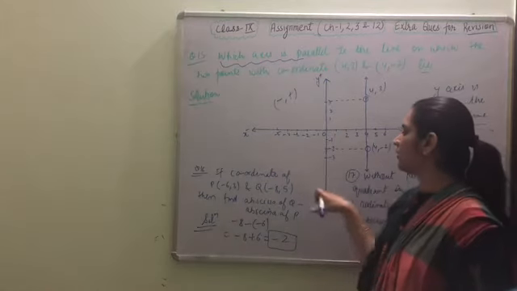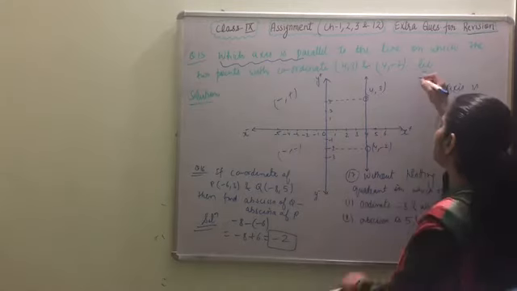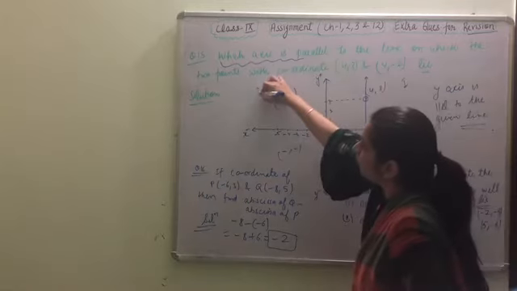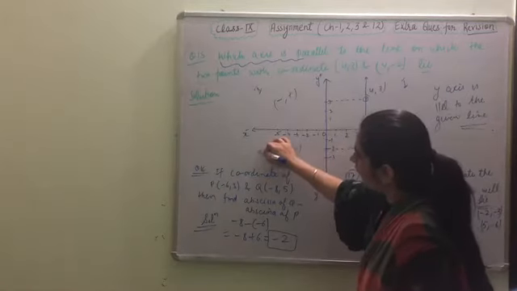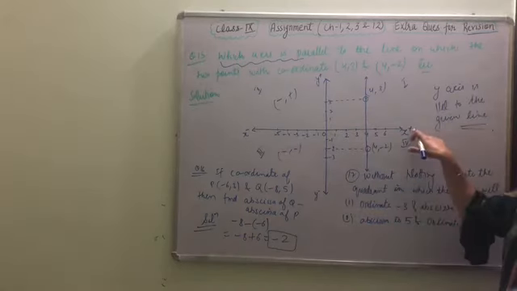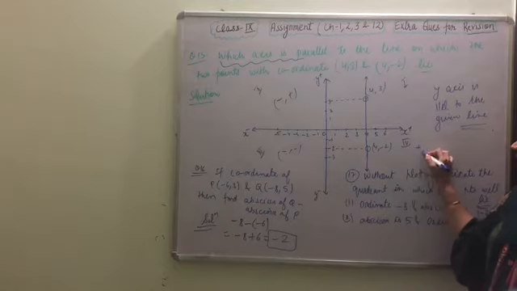Now x is negative, y is negative, both negative, in the third quadrant. I haven't mentioned the quadrants here: this is quadrant 1, quadrant 2, quadrant 3 and quadrant 4. Now in the fourth quadrant, x is positive and y is negative.